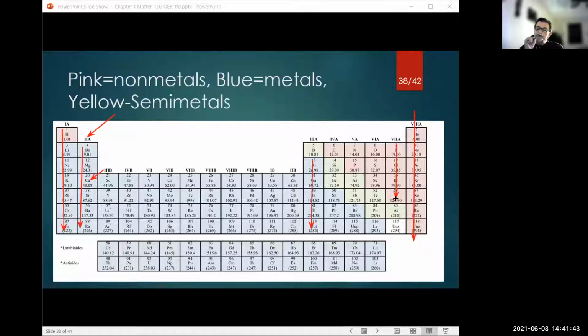So how many electrons do you think those elements that I just highlighted here need to get that magical 8? They have 7. What do they need? Exactly. They need 1. So everybody that's a nonmetal in group 7 will gain 1 electron.